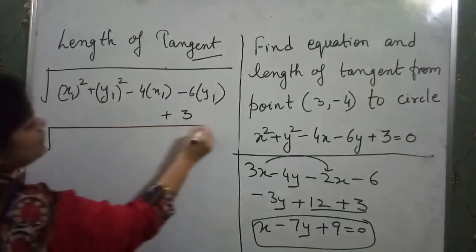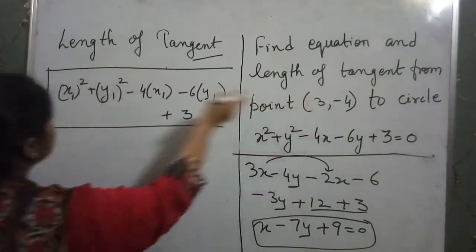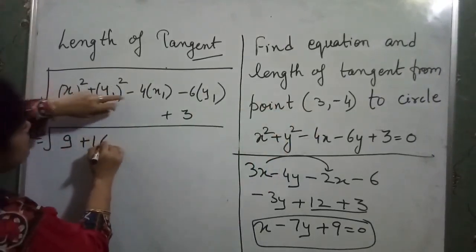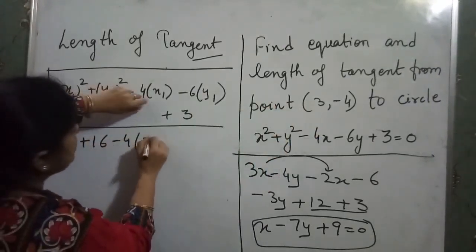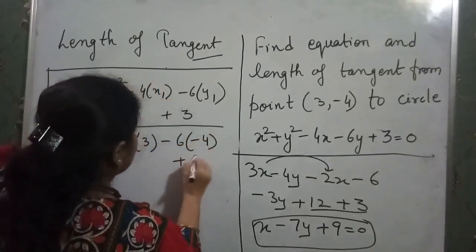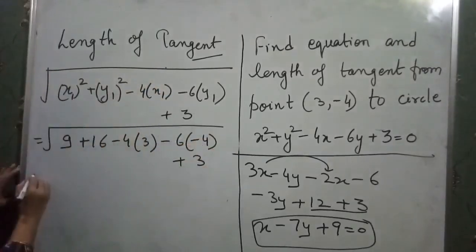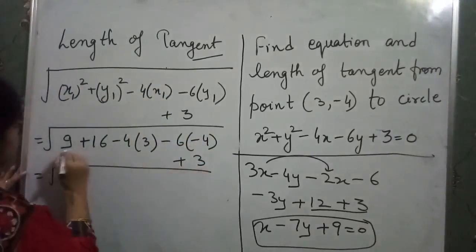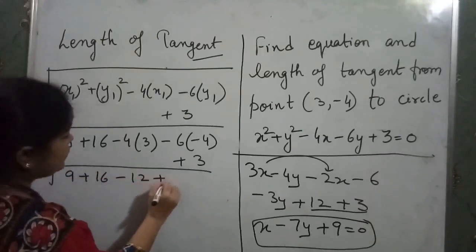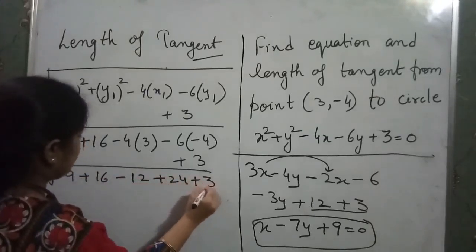Now put the values of x and y, which are 3 and minus 4. 3 square is 9, minus 4 square is 16, minus 4 into 3, minus 6 into minus 4, then plus 3. This is the length of tangent. So this is 9 plus 16 minus 12 plus 24 plus 3.